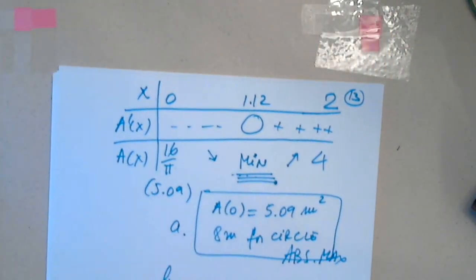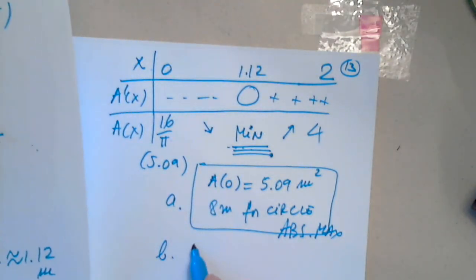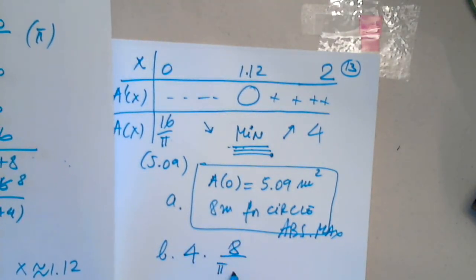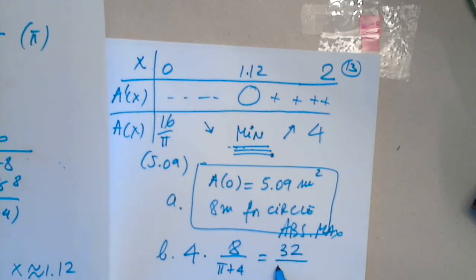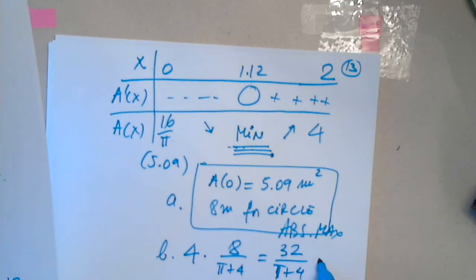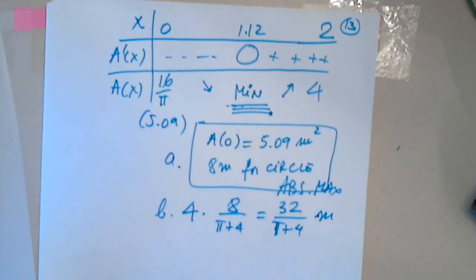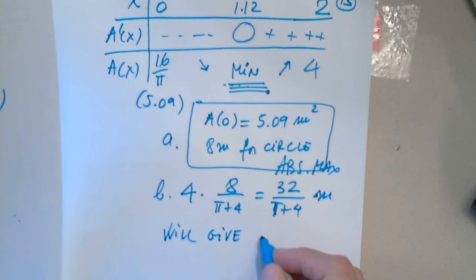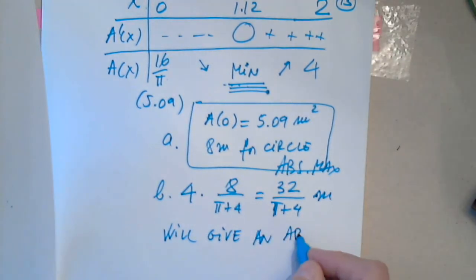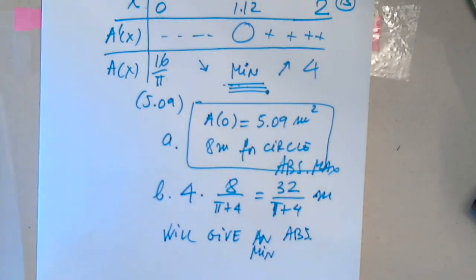So for part B, 4 times 8 over pi plus 4, which is 32 over pi plus 4 meters, will give an absolute minimum, which I don't have because I didn't calculate.